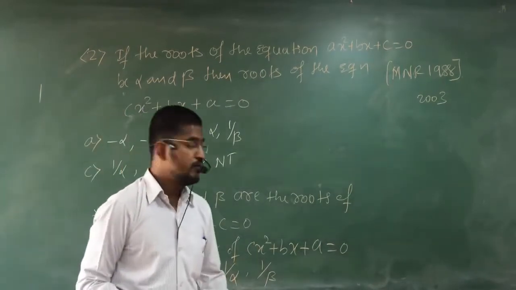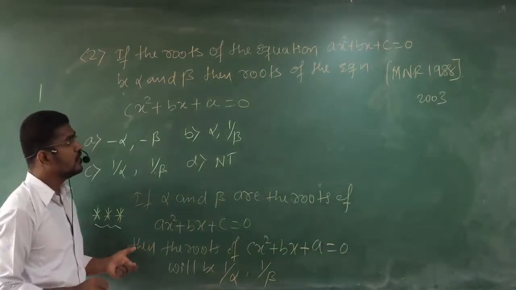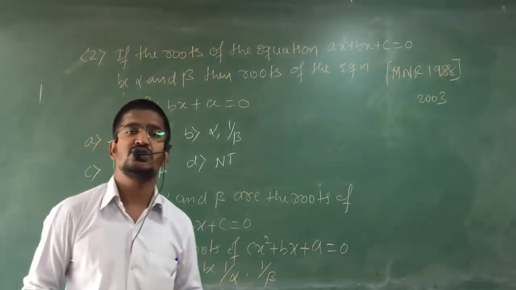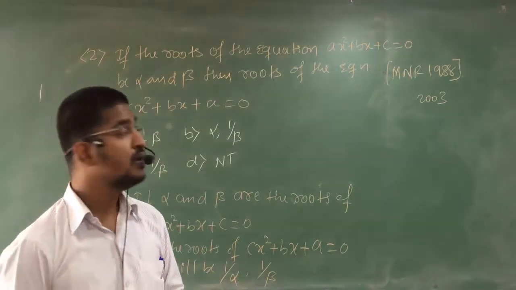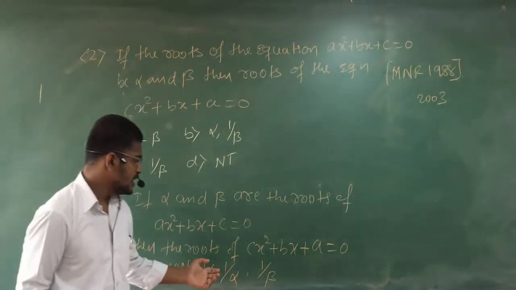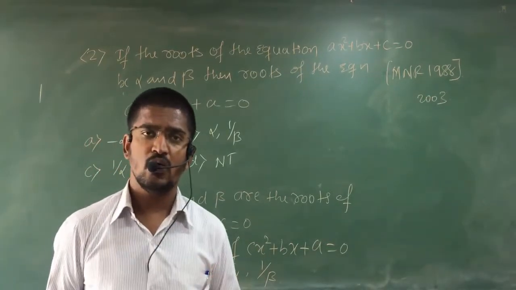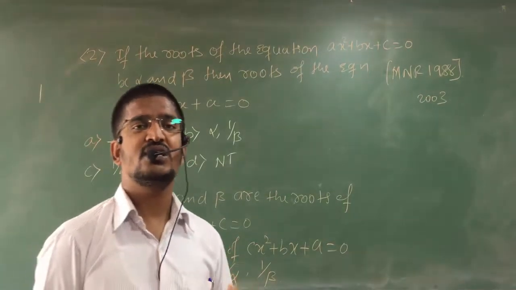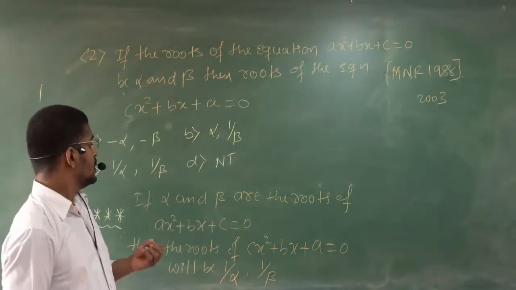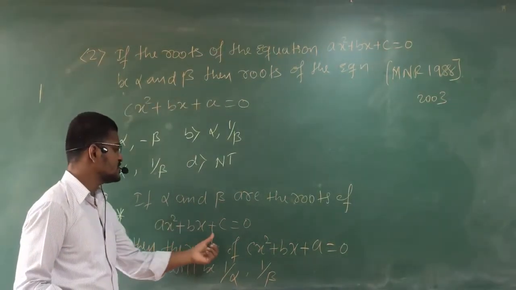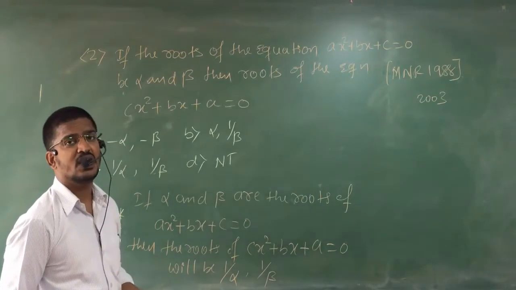That means if you know this result, without solving that question you can answer, because already we have solved and we also got 1 by alpha and 1 by beta after solving. But now if I take this as a generalization, I can say that ax square plus bx plus c equal to 0 is your algebraic equation.